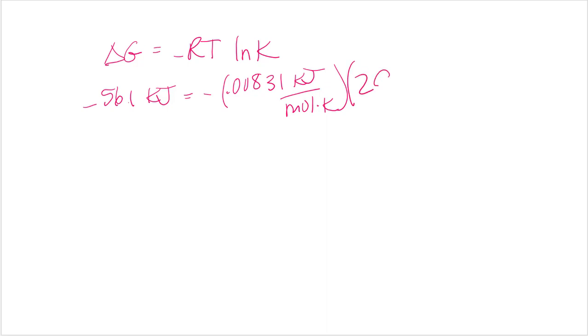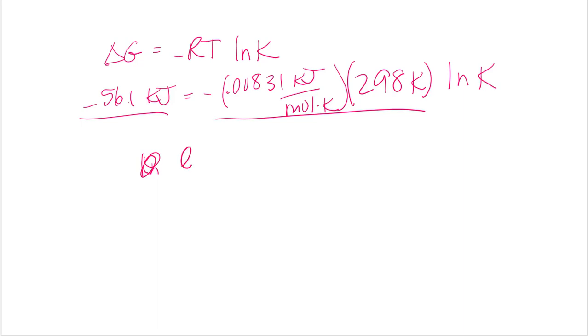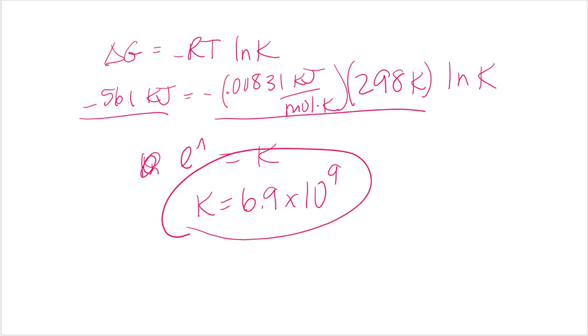Our temperature, standard temperature, 298 Kelvin, and then natural log of K. So let's divide both sides by whatever this product is, and then we're going to take e to the answer that we get there, which will be equal to K. And so K should be equal to 6.9 times 10 to the 9th, which is a very large equilibrium constant, telling us that it favors the product side enormously.